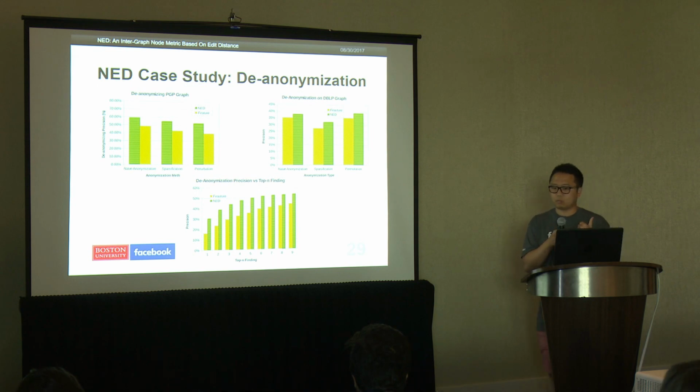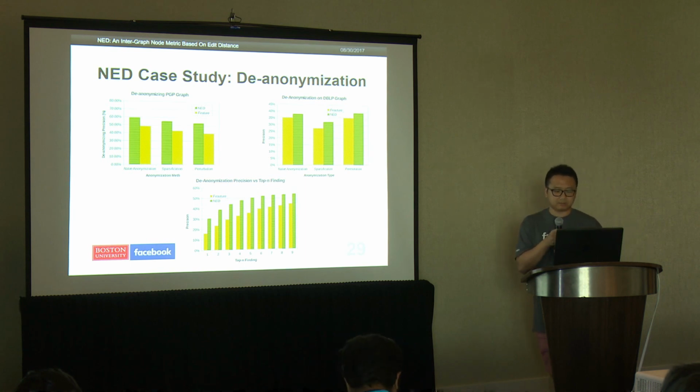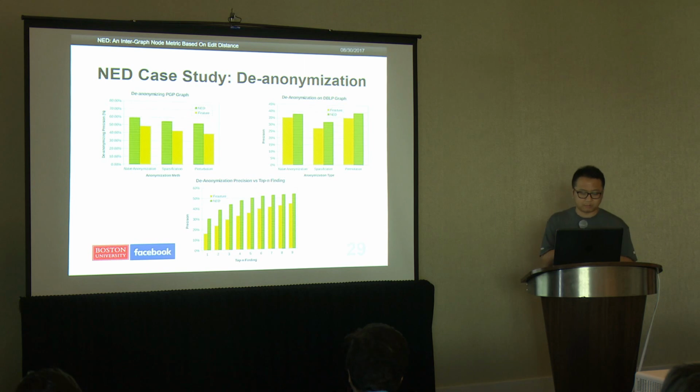That means for one node, we extract all the features from neighbors, the degrees and the edges inside the ego net and all other features. And we found that by using the tree distance, which keeps all the topological structures, we can achieve a higher de-anonymization success rate. We call it the precision.